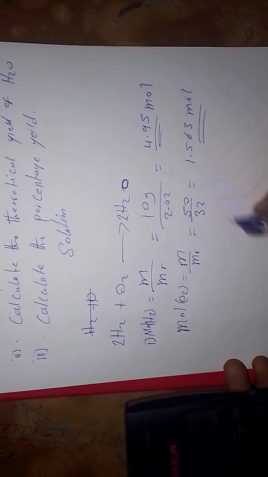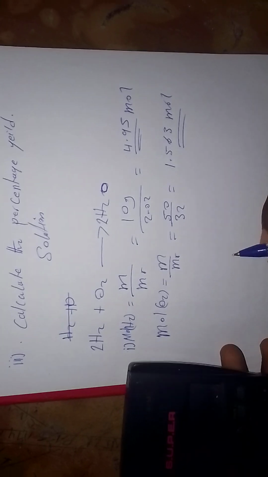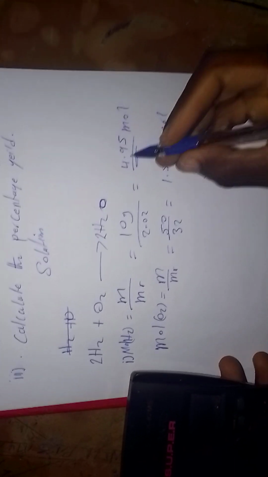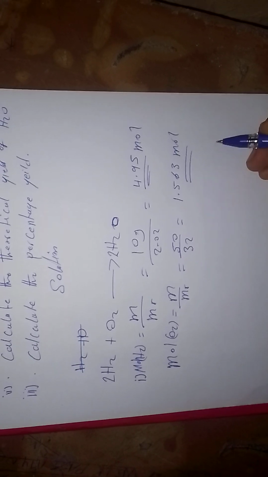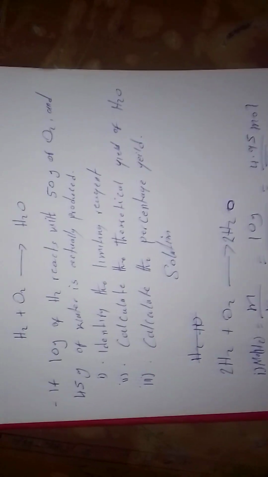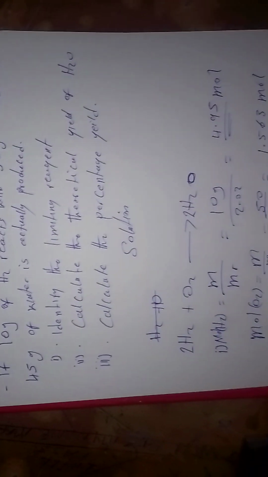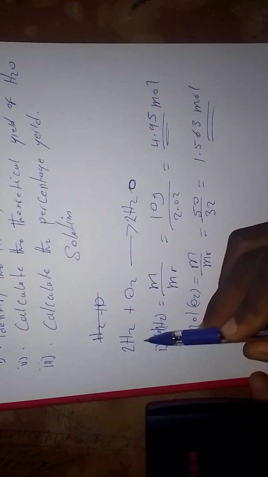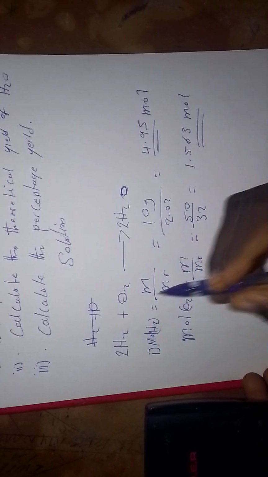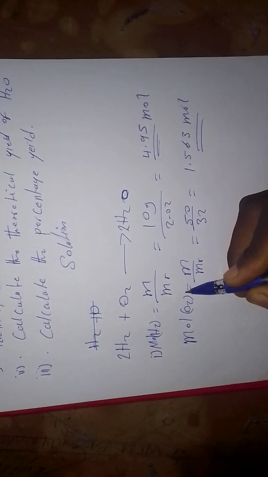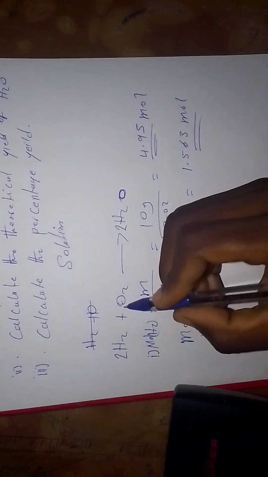Now we have balanced the reaction. To determine the limiting reagent, we divide the moles of each species involved in the reaction by its coefficient in the reaction. For hydrogen the coefficient is 2. For oxygen the coefficient is 1.